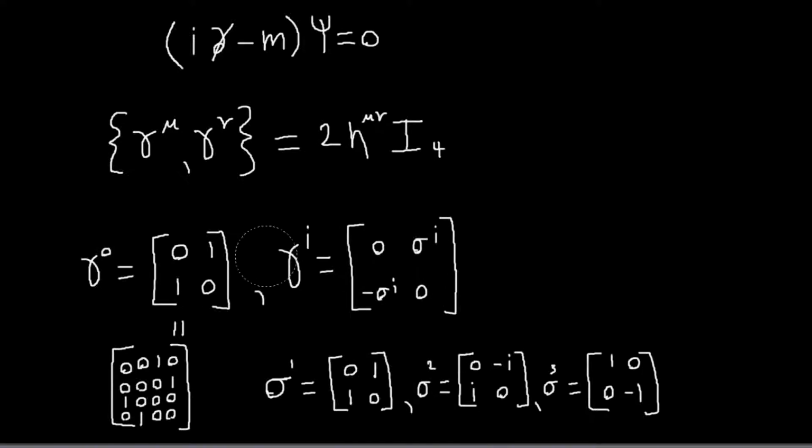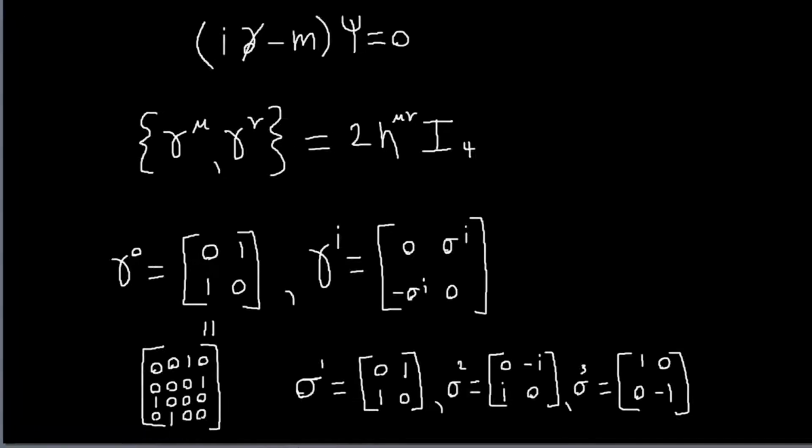Again, these are 4x4 matrices, but we can write them in blocks like this. For example, when I write a 0 in gamma 0, I really mean a 2x2 matrix of zeros. When I write a 1 here, I mean a 2x2 identity matrix, and so on. Similarly for the gamma i's, only this is built out of the Pauli matrices, these things.